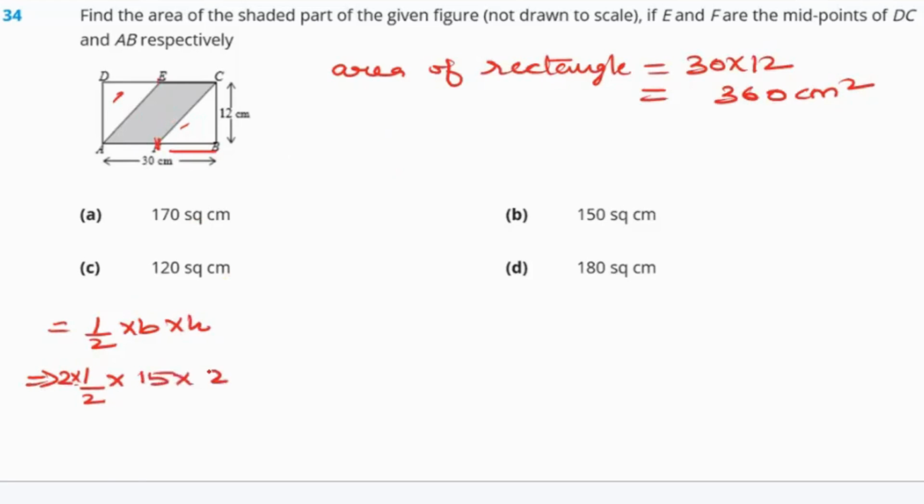Height will be 12. 2 and half cancel out, and if we are talking about 15 times 12, so we will be getting what? 180. Okay, now we need to subtract 180 from here. If we are subtracting 180, we will be getting 180 centimeters square, which is option number D, will be our correct answer.